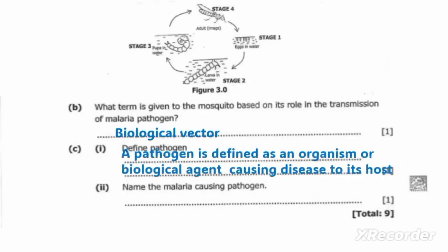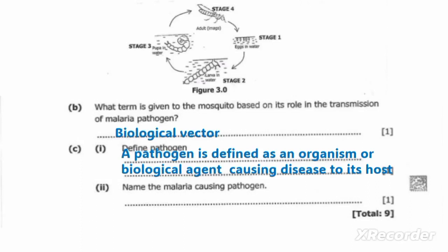So therefore, we are going to say a pathogen is defined as an organism or biological agent causing disease to its host.